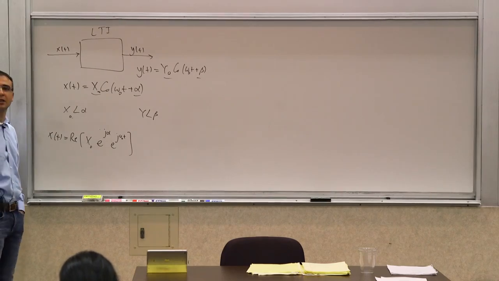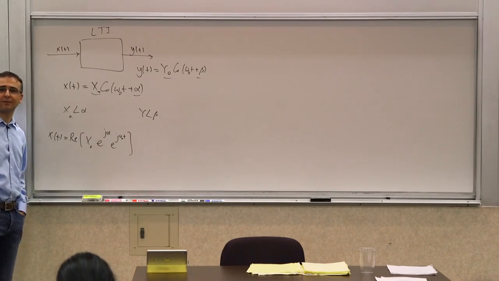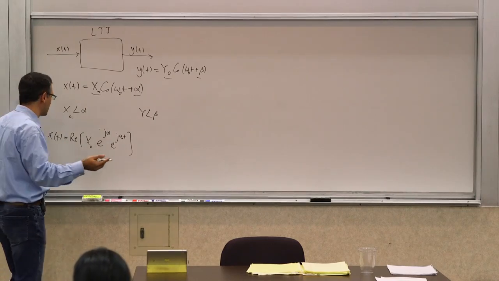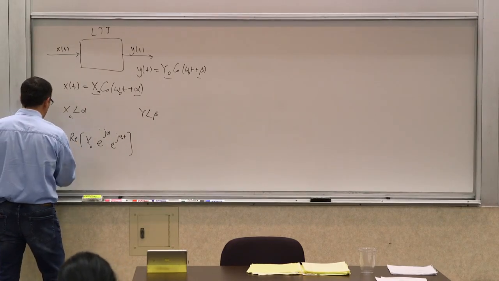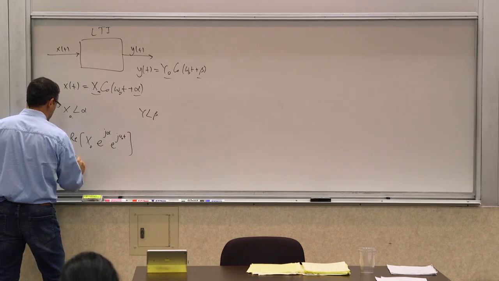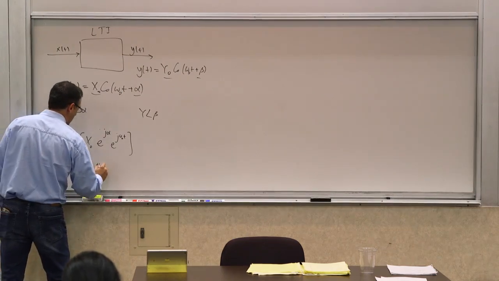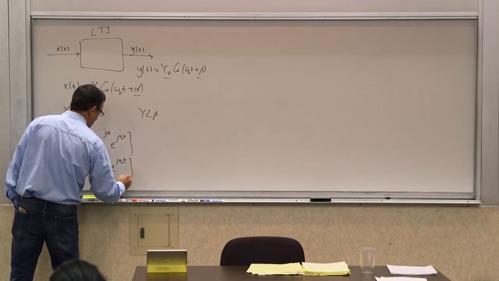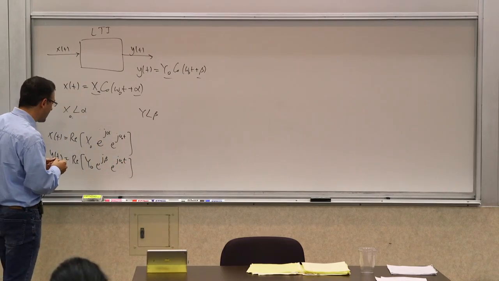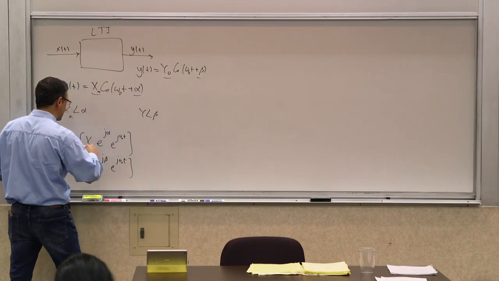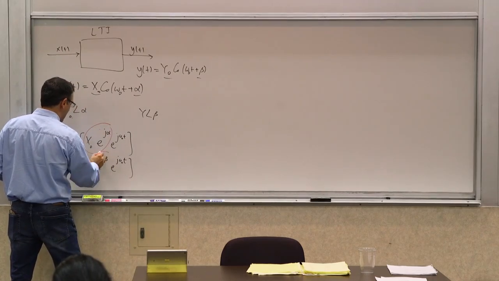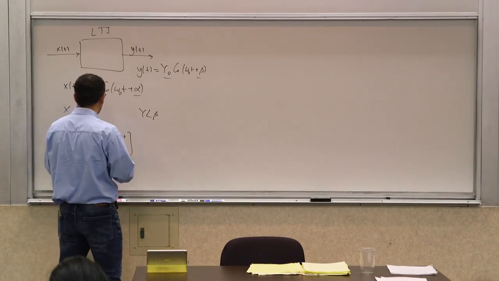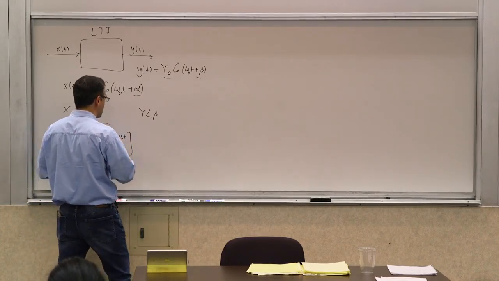And you know that's cosine of omega 0 t plus alpha plus j sine of omega 0 t plus alpha. So the real part of that is this. And y of t is similarly y0 e to the j beta e to the j omega 0 t. So the part that's really defining and describing these functions is this and that. These two parts define and describe these functions. So essentially, you can think about these as the phasors.